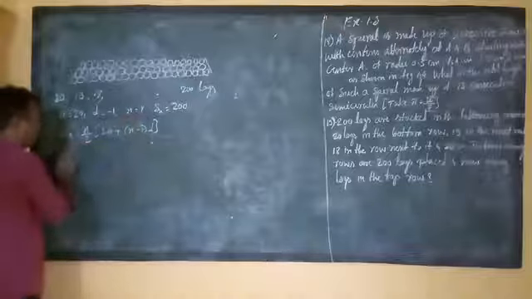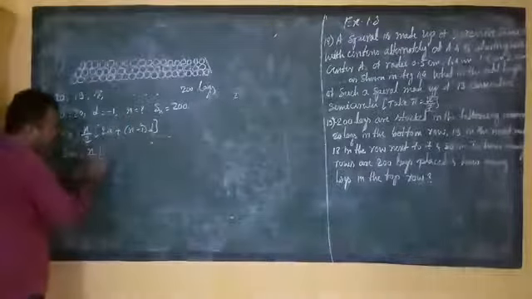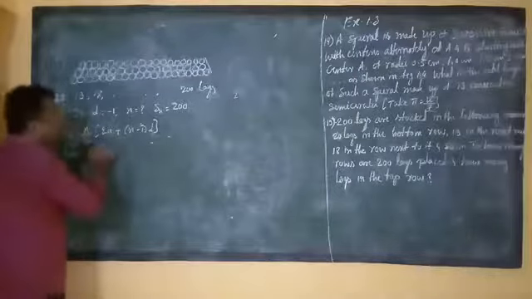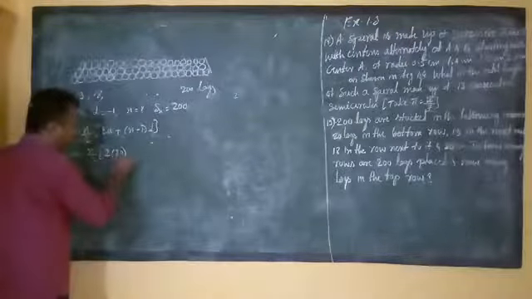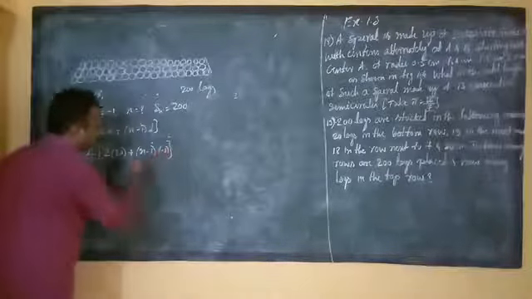So Sn is 200, equal to n by 2 into 2 into a, the first term 20, plus (n minus 1) into d, which is minus 1.